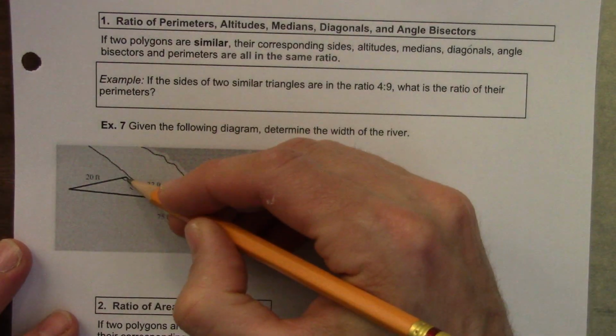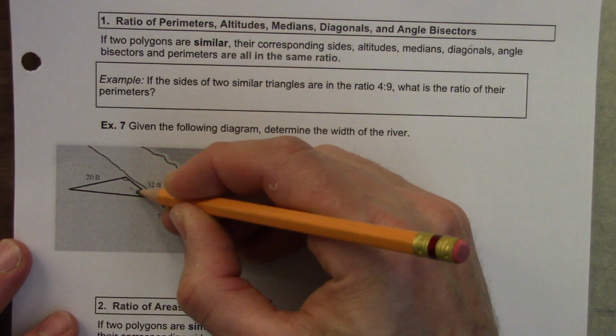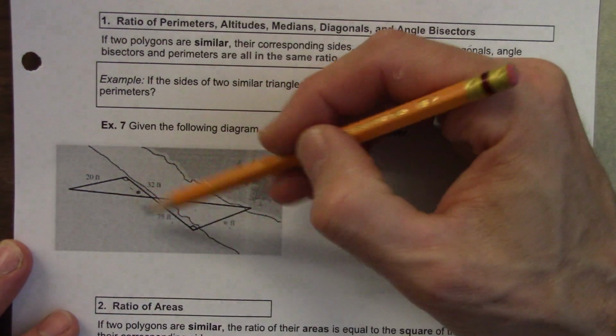We know this is 90, this is 90. We know these two are the same, this angle and this angle, because of our angle theorem: opposite angles are the same on two straight lines, right?